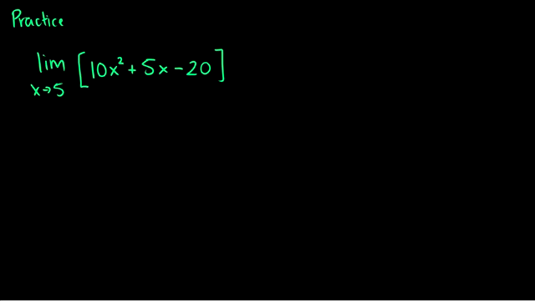So the first thing I can do is I can use the multiplication law, and I can pull out a factor of 5 from everything. So I can just take the 5 out, and then this will be the limit as x goes to 5 of, well, this 10x squared would become 2x squared, the 5x would just become x, and the minus 20 would become minus 4.